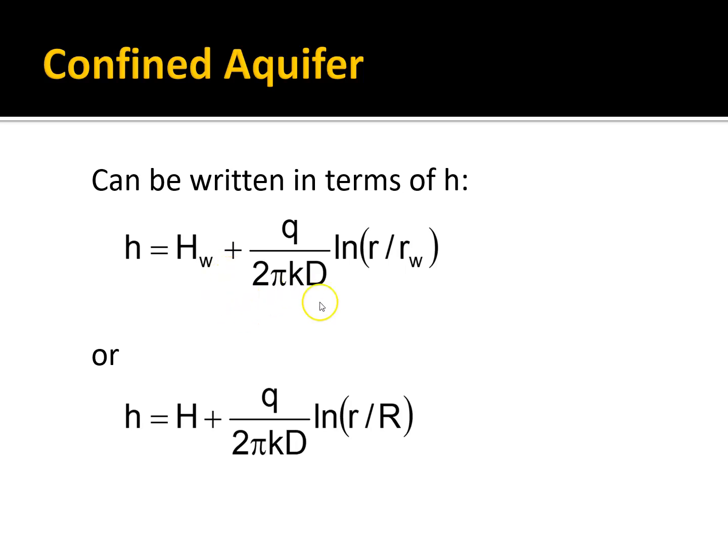So for any radius R, you can use this to calculate the corresponding head as a function of distance away from the well, or if you use this term, you can do the same thing. So this is really useful. You can plot the shape of that potentiometric surface at any distance from the well.